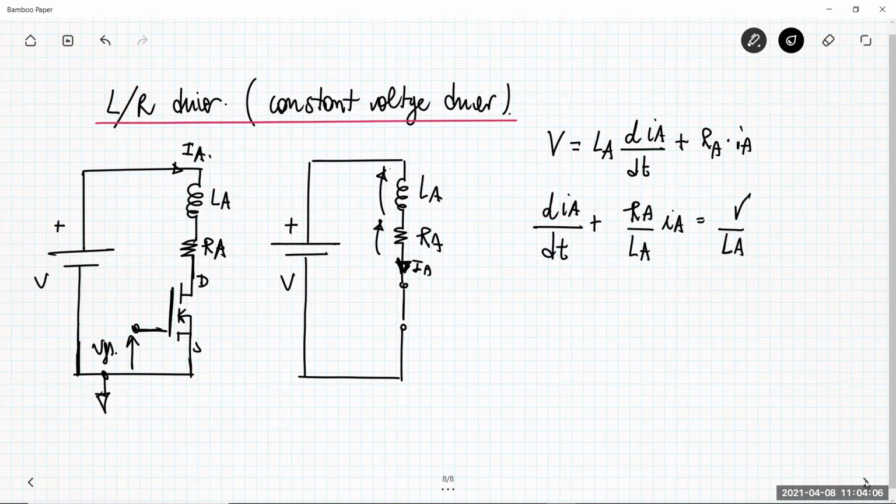This is the standard conventional expression of a first order linear differential equation.